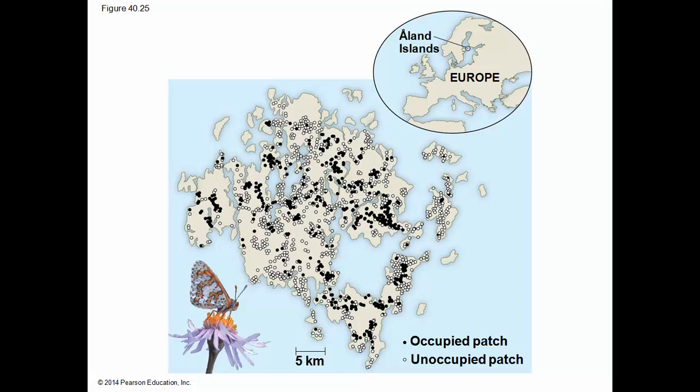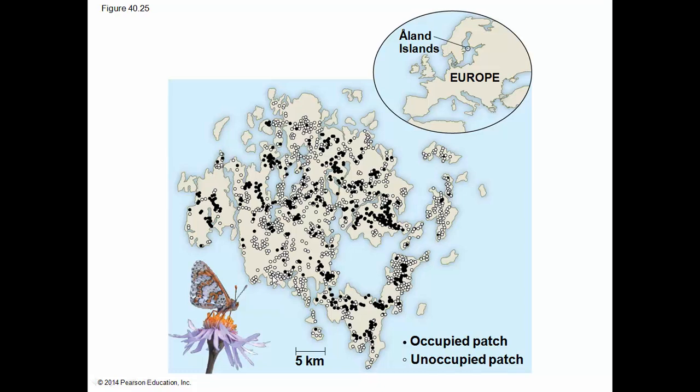Okay, here is a fritillary. It's a type of butterfly, the Glanville fritillary. This is off the coast of Norway. It shows these are metapopulations. The black dots are populations where the fritillary exists, and the white dots are all populations where they have the possibility to exist, but for some reason they're not there.